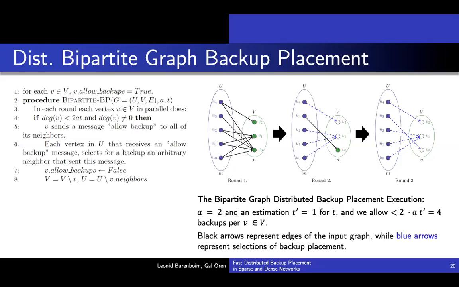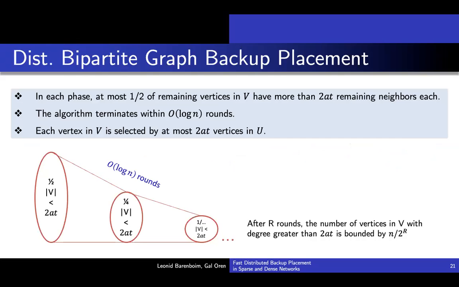Now we will show that a considerable amount of vertices in V are finished after each iteration. We have managed to prove several interesting traits of the algorithm. First, in each phase, at most half of the remaining vertices in V have more than 2AT remaining neighbors each.